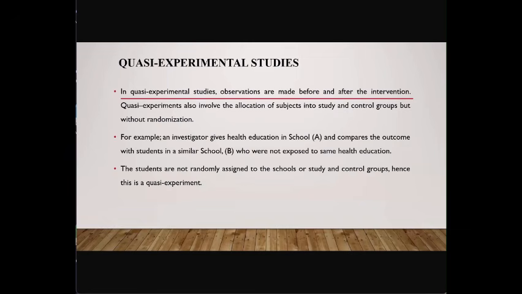Maybe that intervention is a beneficial intervention because it caused a change. That change we see is the effect of that intervention. So that is, in a skeleton, a simplified explanation of what a quasi-experimental study is.